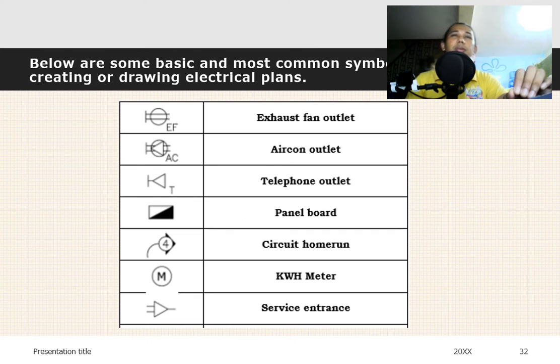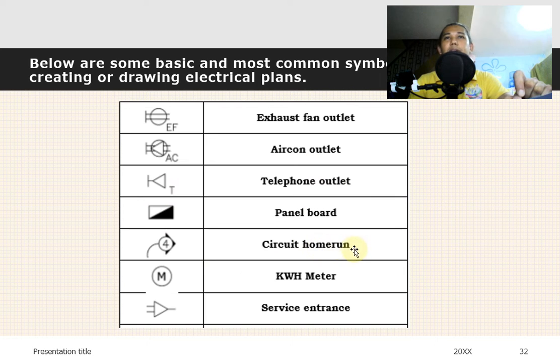Then we have also the exhaust fan outlet. Ayan, this symbol. And the aircon, yan. So, must be familiar, no? Dapat, kasi iba rin ang saksakan ng aircon, eh. They are unique in different uses. We have also the telephone outlet, yan. So, this is the symbol for the telephone outlet. We have the panel board, yan.